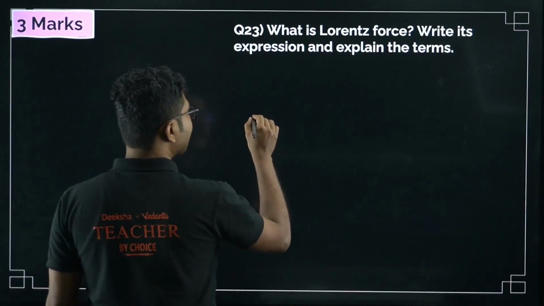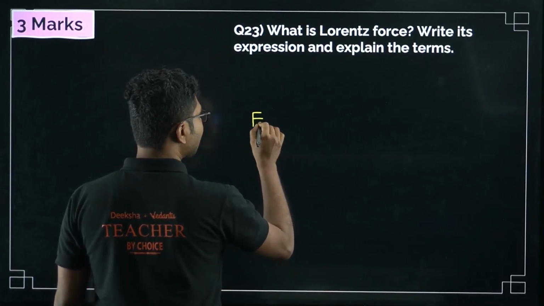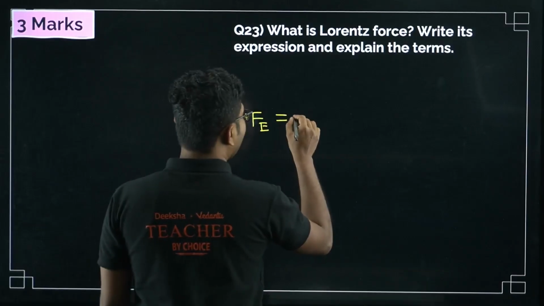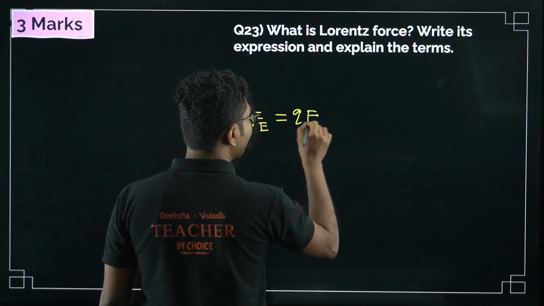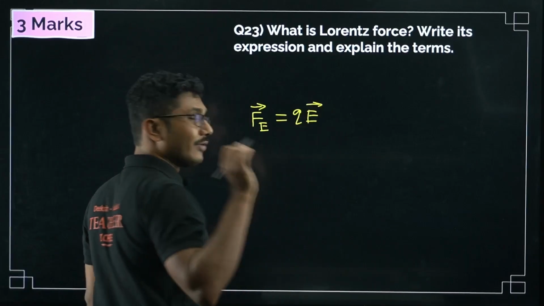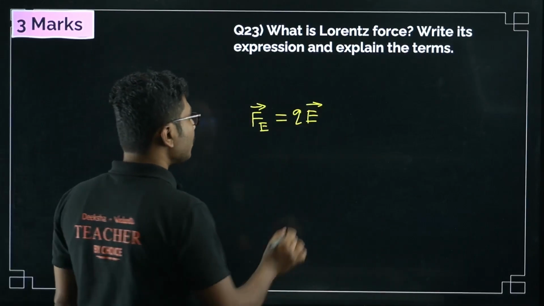Now what are the forces acting on it? There are two forces. One is electric force. Say the electric field is E, then the electric force is q into E, vectorially. Remember, when you are talking about Lorentz force, you have to show the vectors.